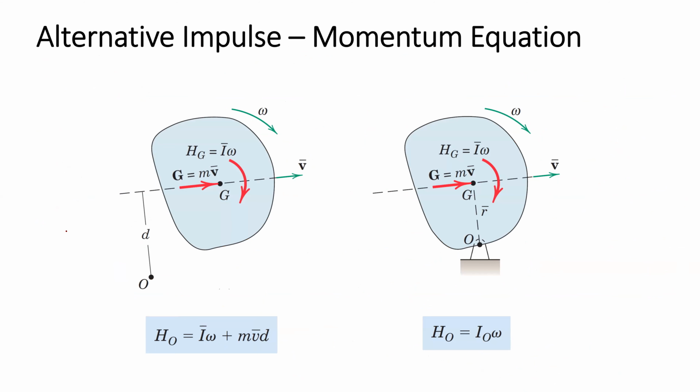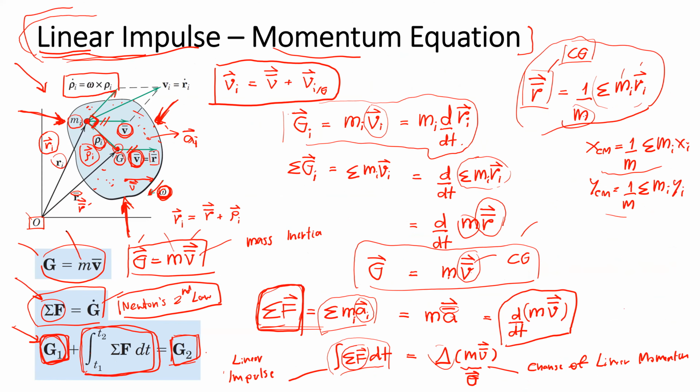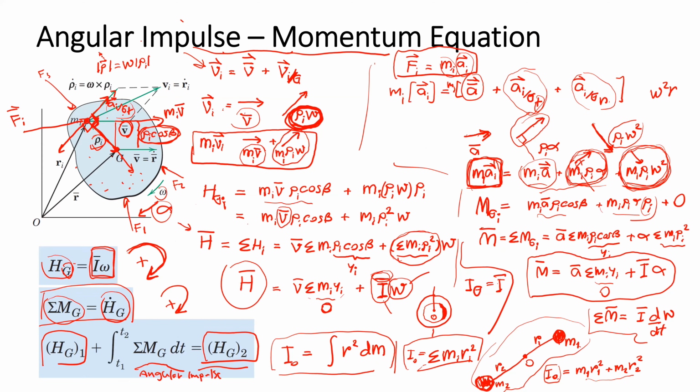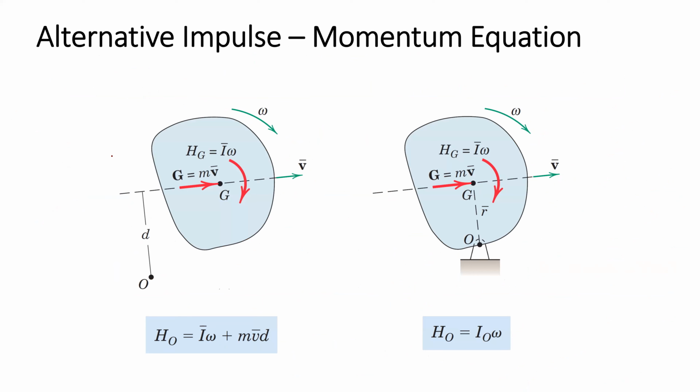Linear momentum is the mass, or the inertia property, multiplied by the velocity. And that is another view to describe the problem. Now we derive the relationship with respect to the center of gravity at point G. But of course, in many applications, we may consider the angular momentum about a certain point O. Point O can be any point where we know the information in the problem, and it is easy to compute the summation of moment about point O and the inertia about that point.